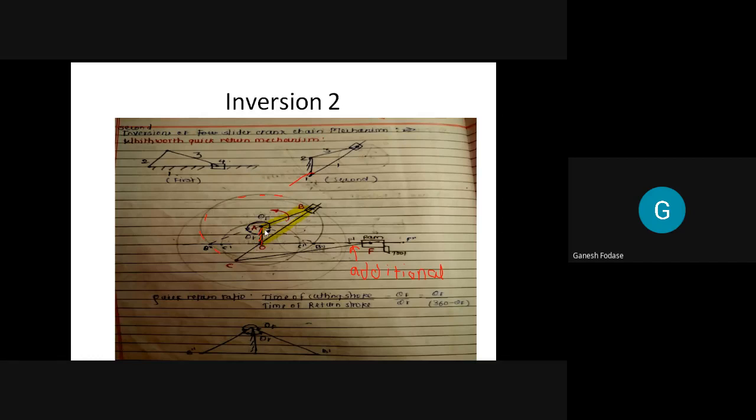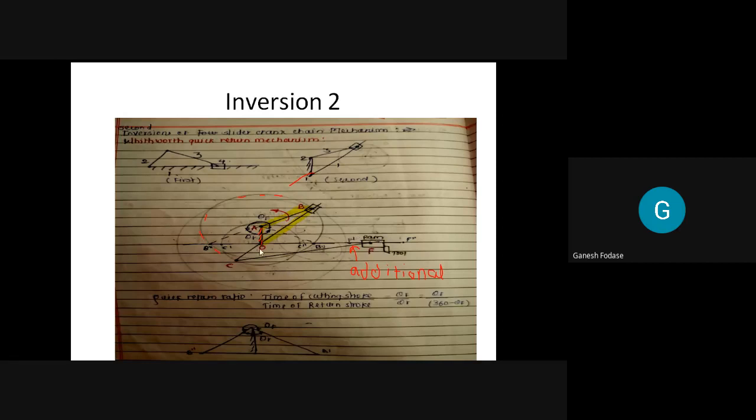So theta F is more than theta R, meaning the time for theta F is more than the time for theta R. So the time of the forward stroke is more than the time of the return stroke. Understand why? Because the angle turned during the return stroke is less, while the angle turned during the forward stroke is more.